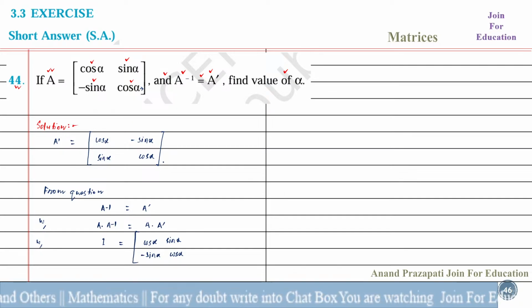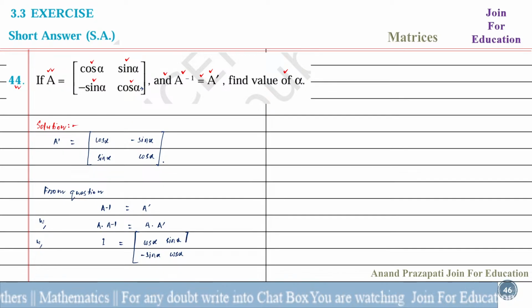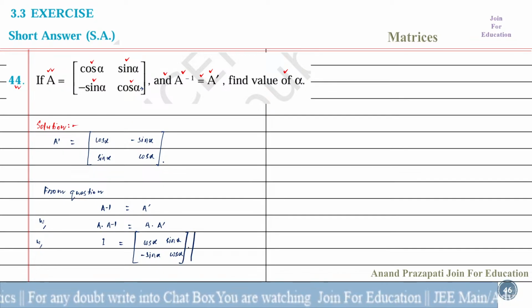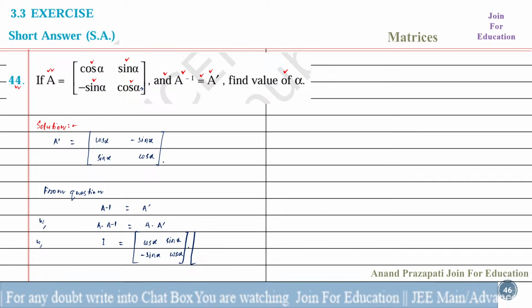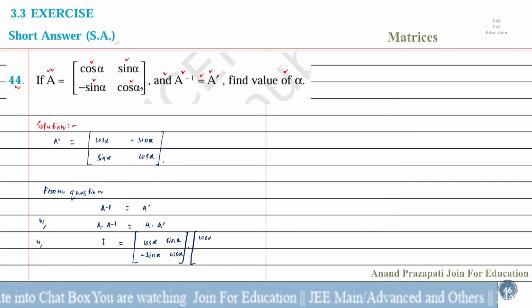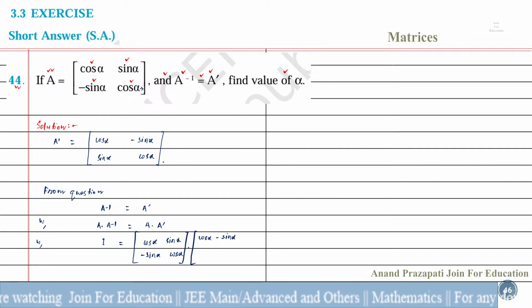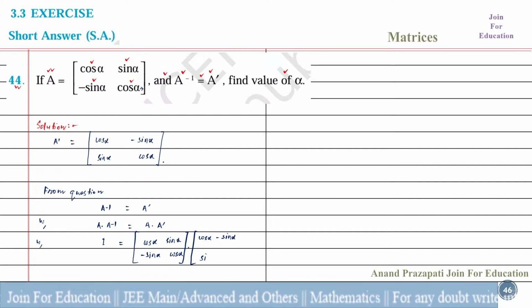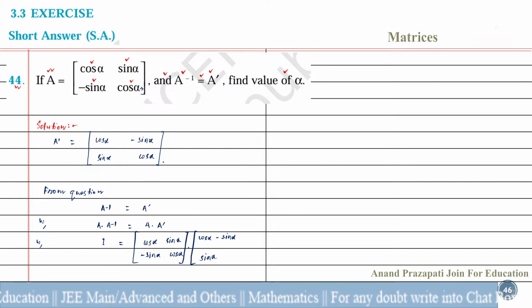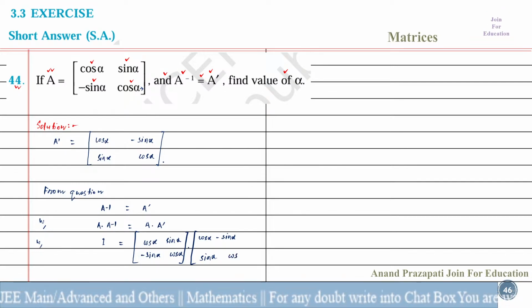And transpose of matrix A is cos alpha, and this is the minus sin alpha, and this is the sin alpha, and this is the cos alpha.